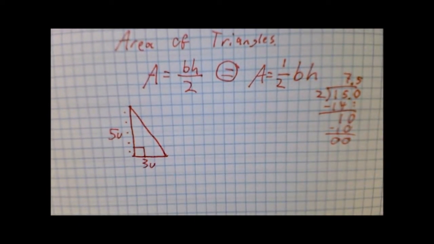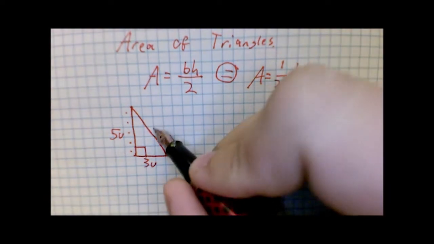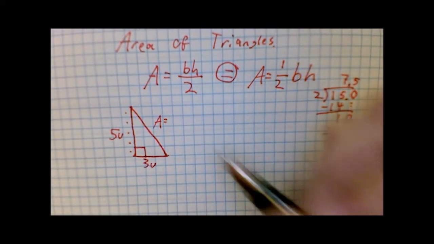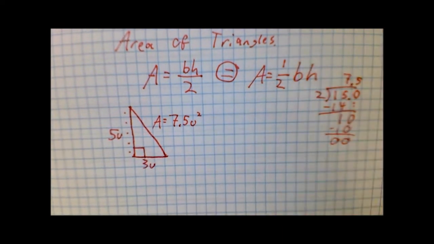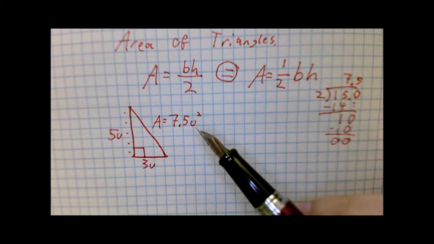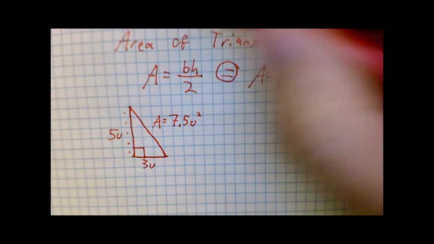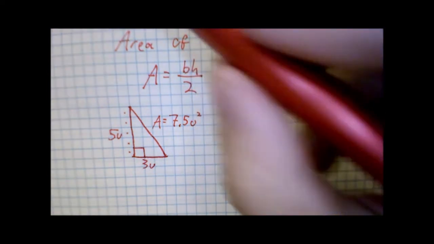But for right now, you need to know that 5 times 3 divided by 2 is going to give me an area of 7.5 units squared.